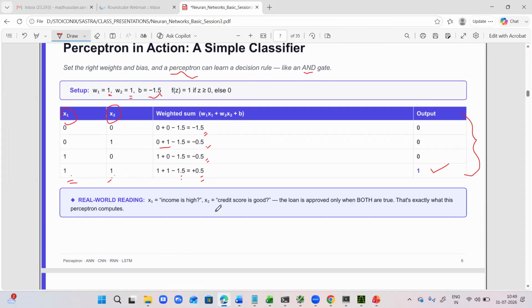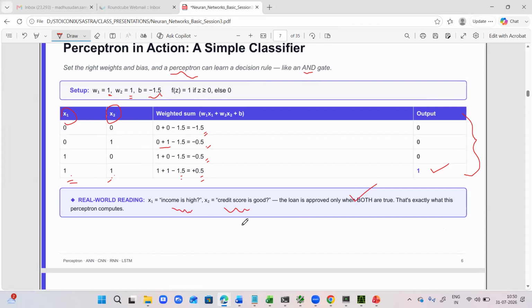Nevertheless, if we have to talk about some examples, take this one, where you want to find out whether you can approve a loan or not for somebody. You could use this. Say, for example, if the income is high and if the credit score is good, then maybe you can give the loan to that person. And if not, then you're not going to give. So these kinds of classifications can be done using this perceptron.